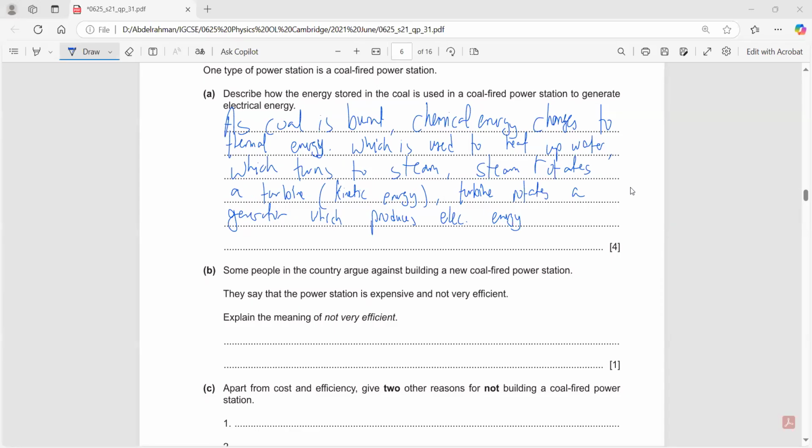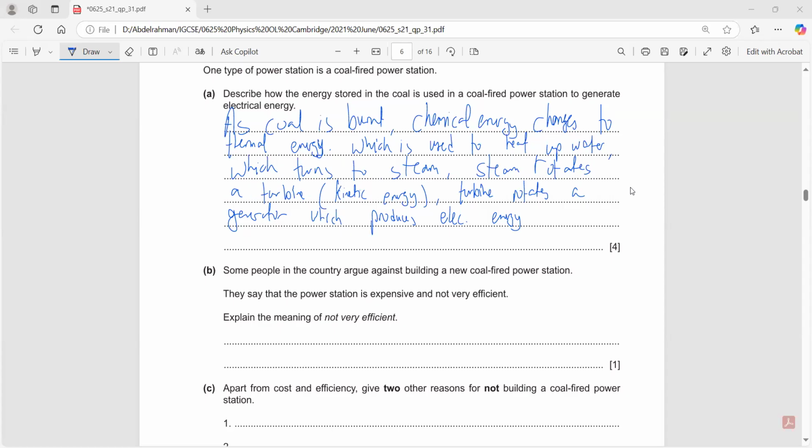Some people in the country argue against building a new coal-fired power station. They say that the power station is expensive and not very efficient. What do I mean by not very efficient?